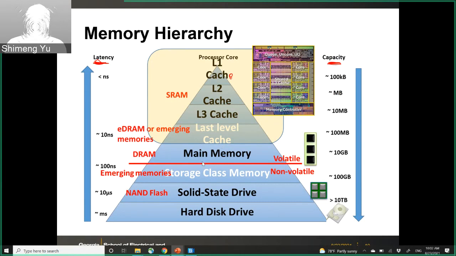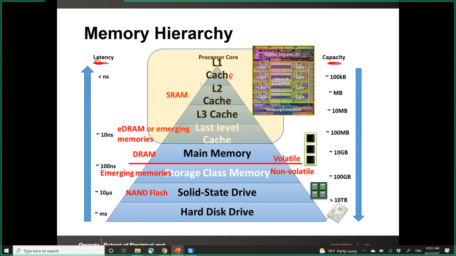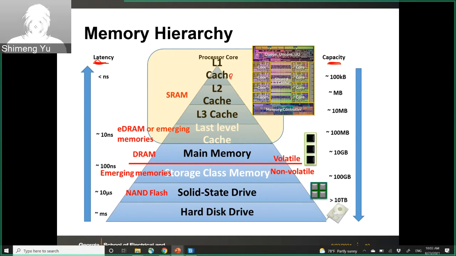Here we see this yellow box. The technologies in the yellow box are on the same chip as your ALU, the logic functions. Mostly we are using SRAM, static random access memory, for the on-chip caches. And then you can have different levels of the caches. We'll discuss the differences in the design later.